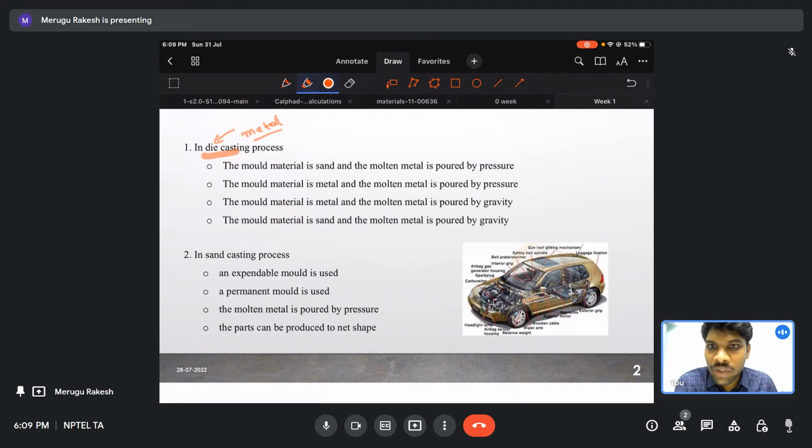So the first option says the mold material is sand, which is an incorrect statement, so we can neglect that option. The second option is the mold material is metal. Yes, that is true. And the molten metal is poured by pressure. Yes, that statement is also true. So the correct option is B.